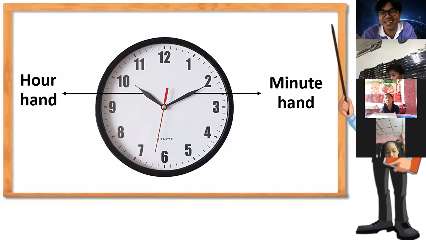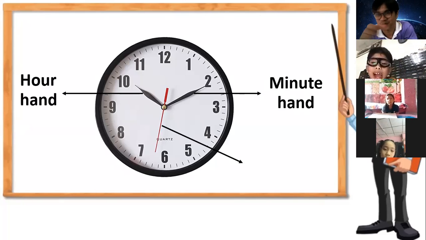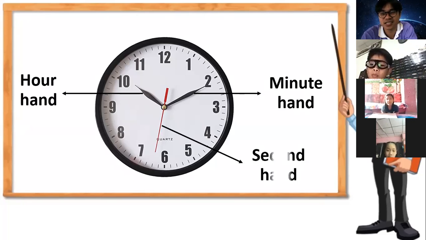Okay. This is called minute hand. How about this one, this color red? It counts 1, 2, 3, 4. How do you call this? It is called second hand.